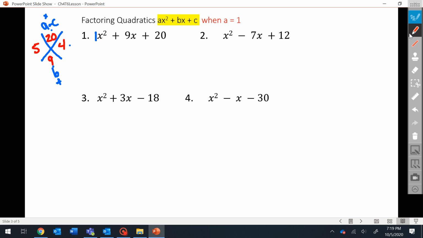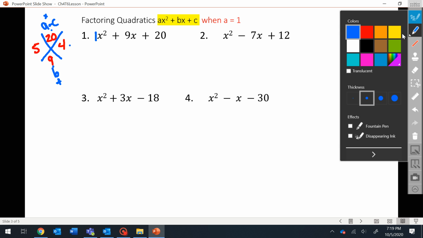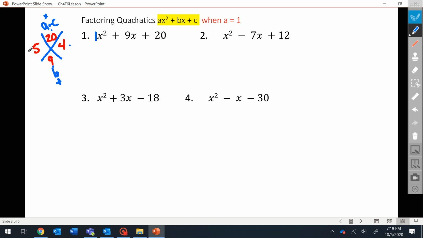So my two factors are x plus 5 and x plus 4. So x squared plus 9x plus 20 factors into x plus 5 times x plus 4.